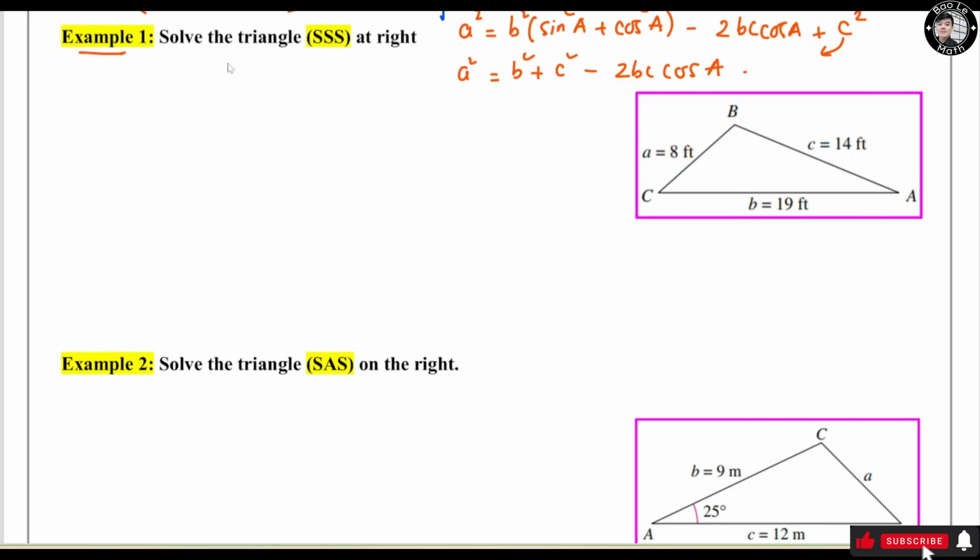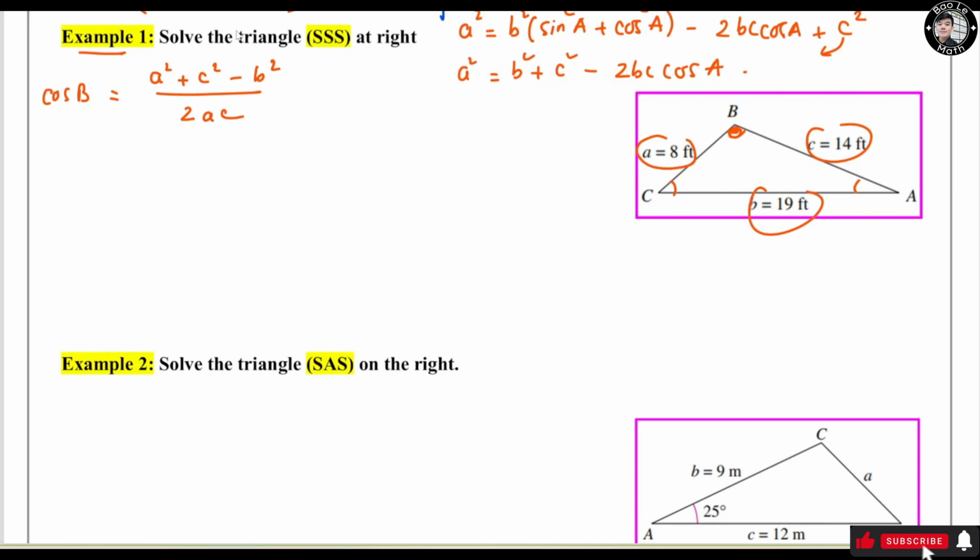Now, example number 1, we need to solve the triangle given 3 sides. So basically, we need to find 3 angles right here. We're going to apply the law of cosines, starting with cosine of B. It's going to be A squared plus C squared minus B squared over 2AC, by the formula above.